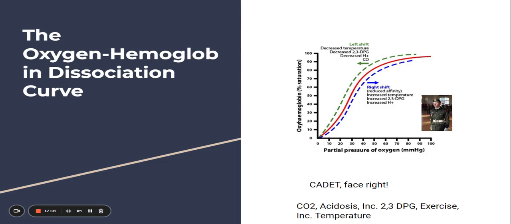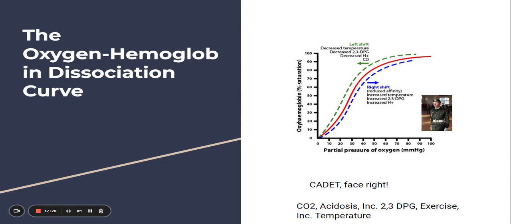But then we have changes in states. So we have what we can call a right shift, the blue dotted line, and a left shift, which is the green dotted line. A simple mnemonic to remember what causes a right shift is CADET, face right, almost like a military drill. So we have our little Army cadet here. CADET, C-A-D-E-T, face right, meaning right shift.